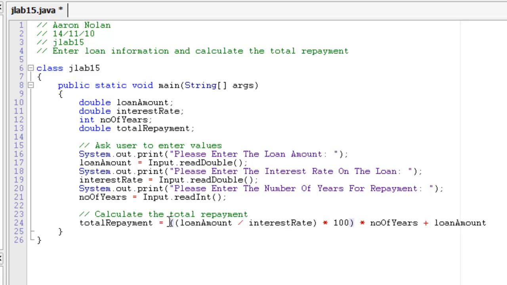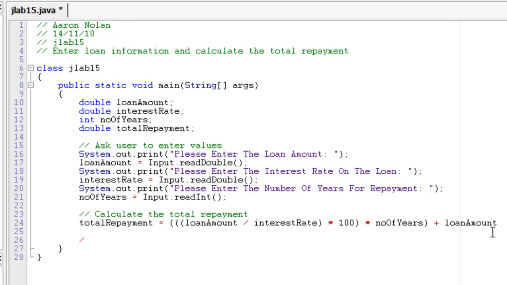Then you need one more set of brackets to cover that part there, and then add all of that to loanAmount. So the totalRepayment is now equal to loanAmount divided by the interest rate, then multiply by 100, then multiply by the number of years, and then add it to the initial loanAmount.